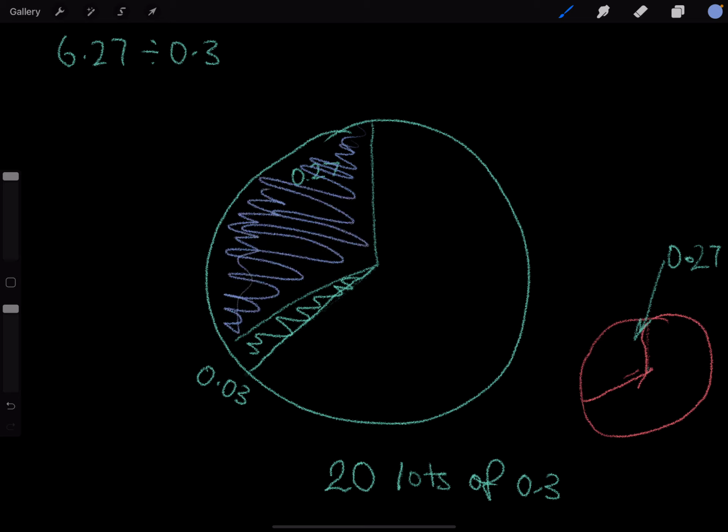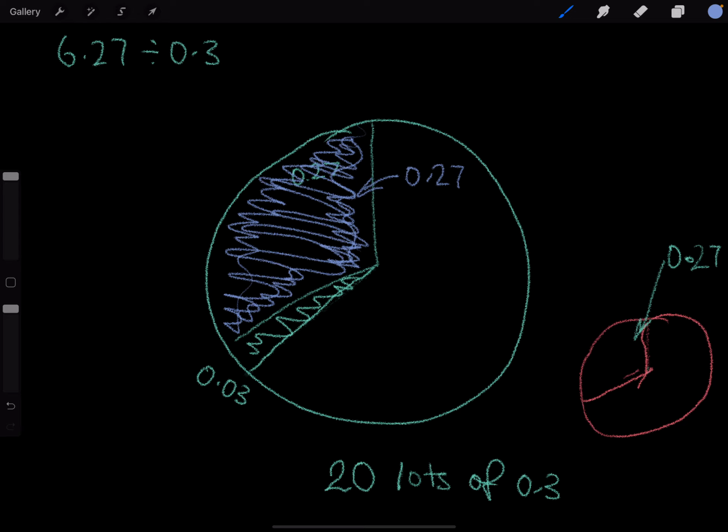We've got 27 over 30. How did you do that? Well, this is 0.27, and 0.27 we can say is 27, basically.